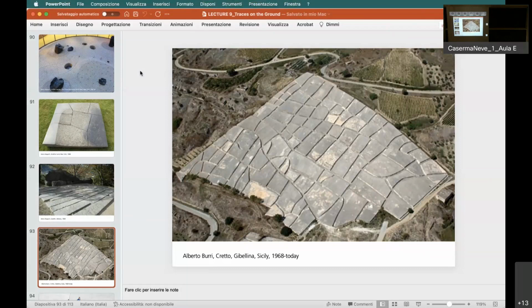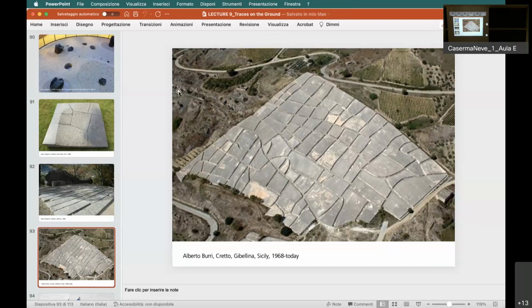that is on one side linked to the tragedy of destruction of not only one town, because all the small towns of the area have been destroyed by the earthquake. But in this case, Gibellina was substituted by this work, and the town was reconstructed in another place. For example, the town of Poggioreale is still there in ruins. And so it's a ghost city that you can move in, but it's completely destroyed.